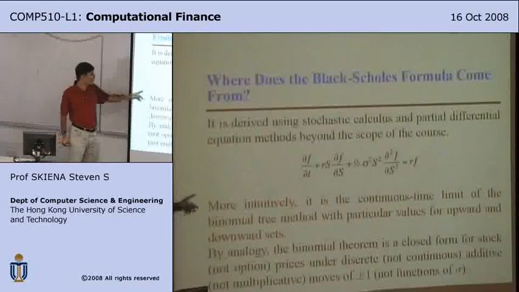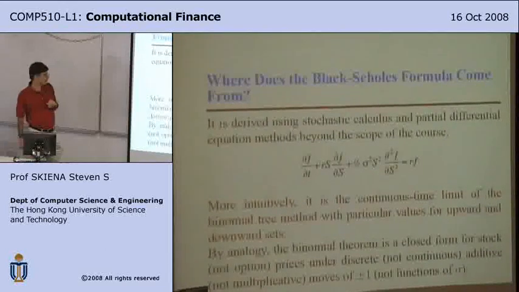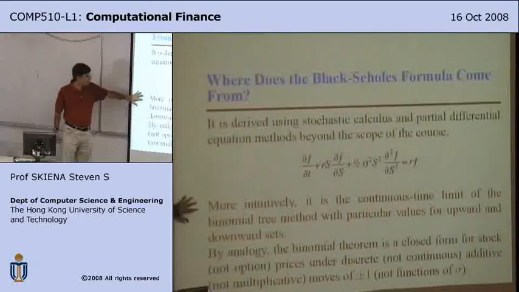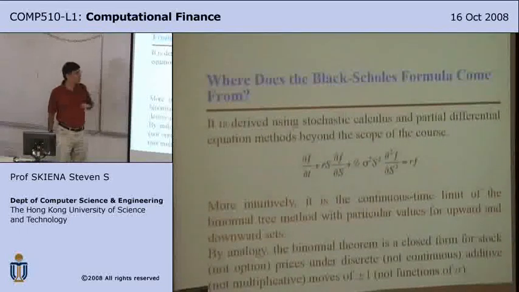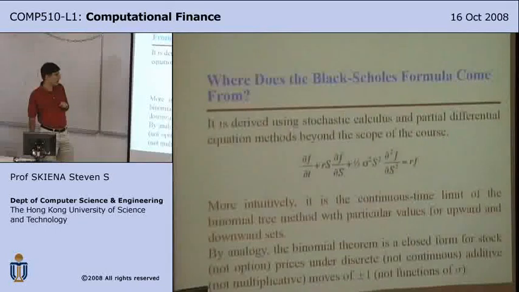Now, what does mean something to me is when we think about binomial trees. I understand binomial trees, okay?